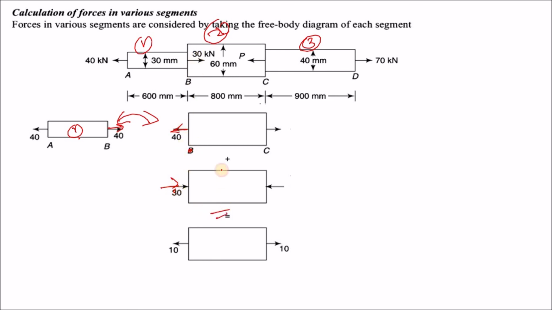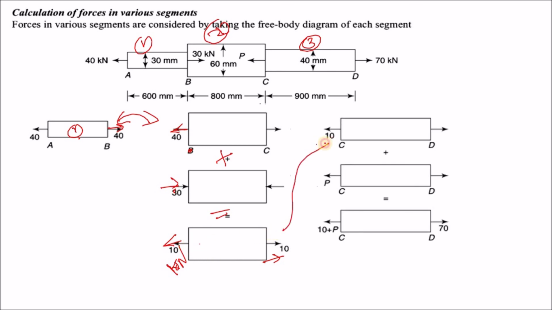In total how much will we get? We will do the summation of both, so we will get 40 this side, 30 this side. 40 minus 30 is 10. So 10 will be on this side, in kilonewtons. Third one, here also we need to apply 10 just to make equilibrium. This 10 went there.